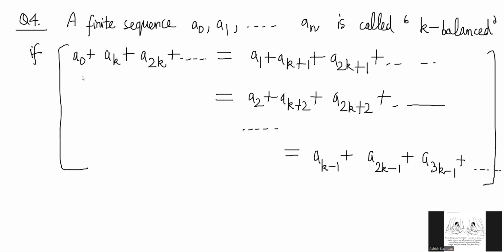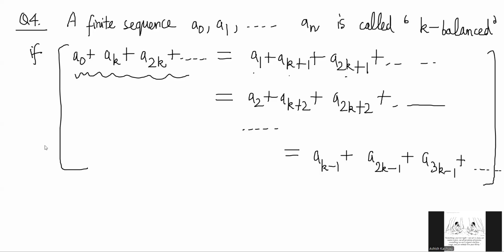Do you understand the pattern here, what we are saying? The sum of the first term, the kth term and the 2kth term and so on is the same as the sum of the second term, the k plus 1th term, the 2k plus 1th term and so on, right? I hope you understand the structure of the sequence right now. What is a K-balanced sequence? Yes.